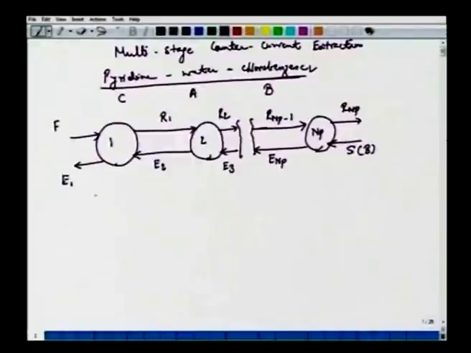Okay, and the problem statement says the flow rate of the feed is 2.25 kg per second, and the water and pyridine mixture contains pyridine, say 50% weight by weight. All right, and we have been asked to treat this feed using the solvent chlorobenzene, pure chlorobenzene.